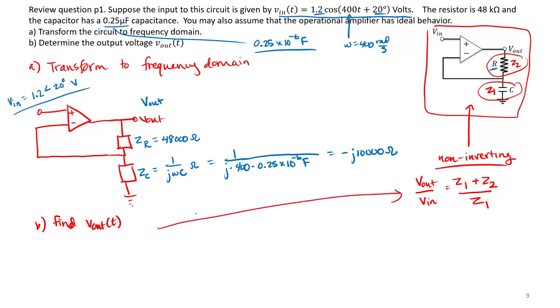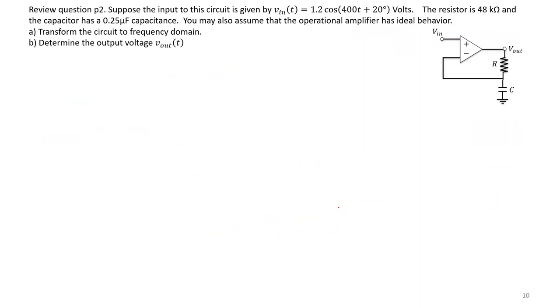Well, that's convenient, so all we need to do is substitute. In this case, we'll use Z1 is equal to negative j 10,000, and Z2 is equal to 48,000. And we can solve for Vout.